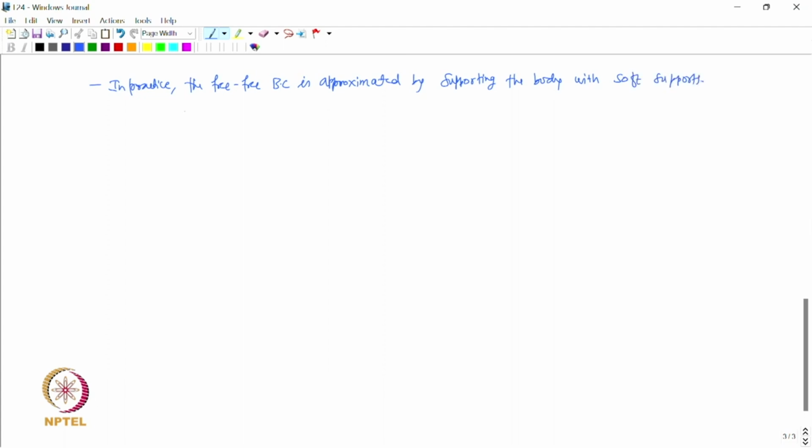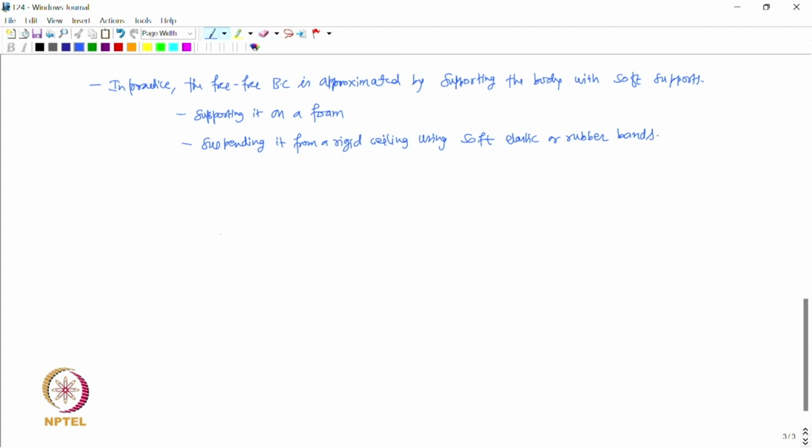So, for example, we can support it on a foam or suspend it from a rigid ceiling using soft elastic or rubber bands.